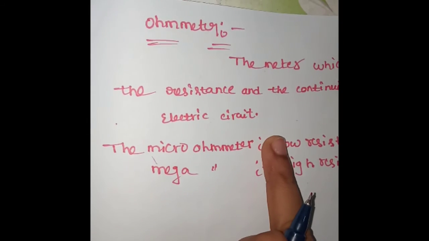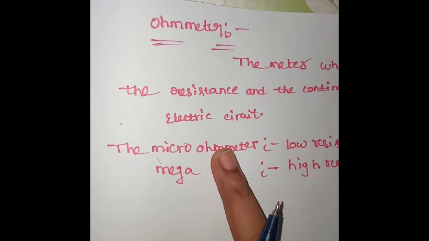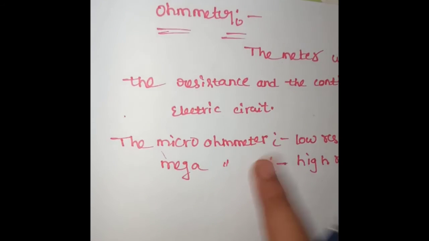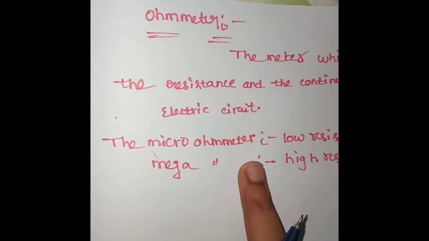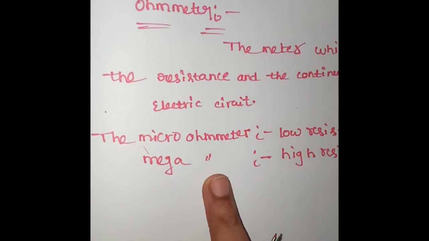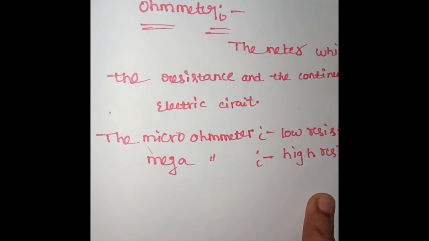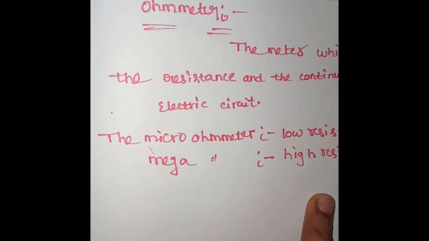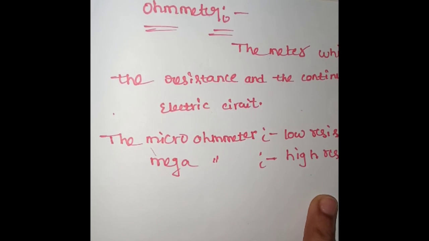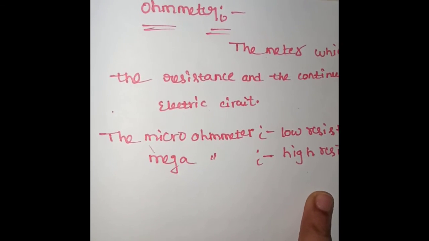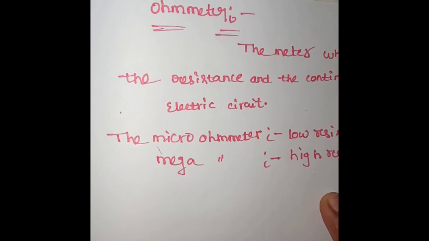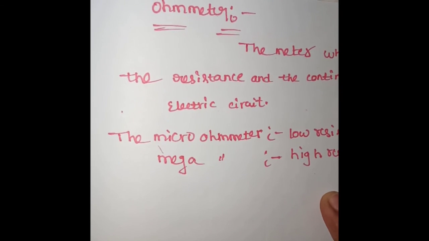The ohmmeter is very convenient to use, but it is less accurate, that means it does not provide accurate values. In electronics, there are many ohmmeters: series ohmmeters, shunt ohmmeters, like this. This is all about the voltmeter, ammeter and ohmmeter.